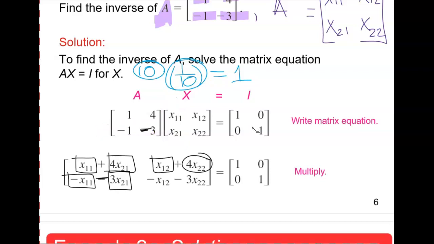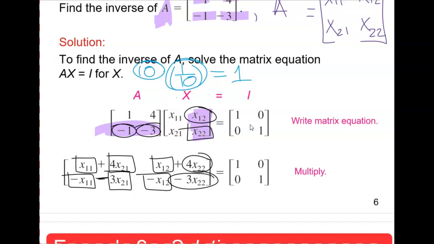Then finally, we move on to the second row, second column. That will be negative 1 times x12, so that is here. And then we have negative 3 times x22, so negative 3x22 instead of the plus.